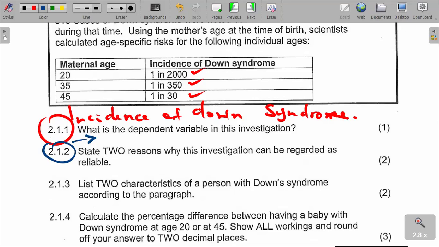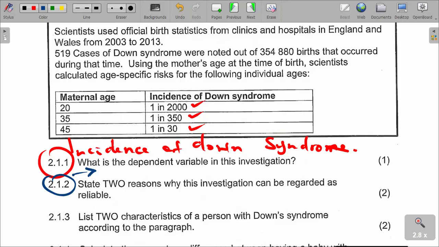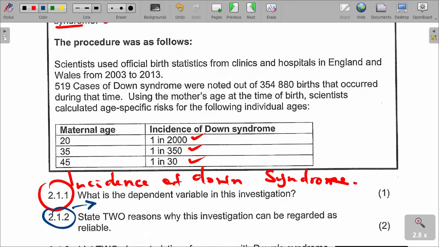One, as you can see, we are told that the study was conducted out of 354,880 births. So the larger the sample, the better the results. So one, large sample size was used.